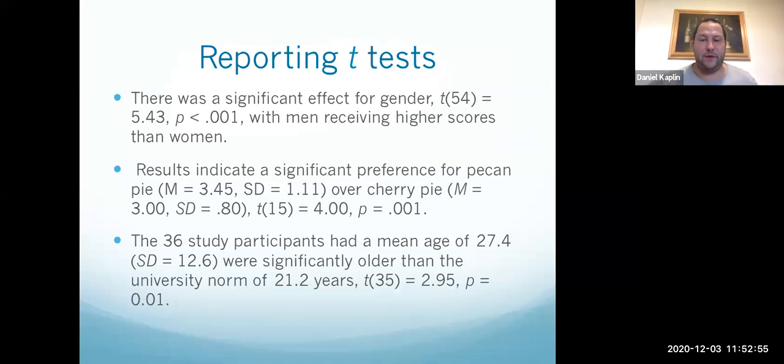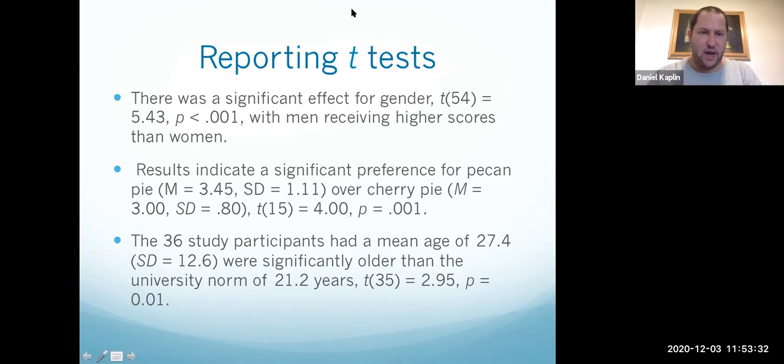The 36 study participants had a mean age of 27.4 with a standard deviation equals 12.6, were significantly older than the university norm, 21.2, t with 35 degrees of freedom equals 2.95, and p equals 0.01. So notice, you're always reporting means and standard deviations, you're always reporting t-values, degrees of freedom, and p-values. So that's how you report it.